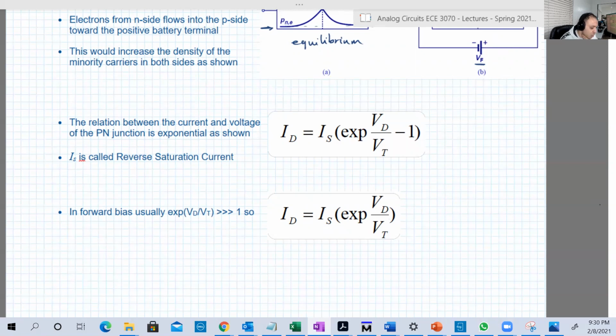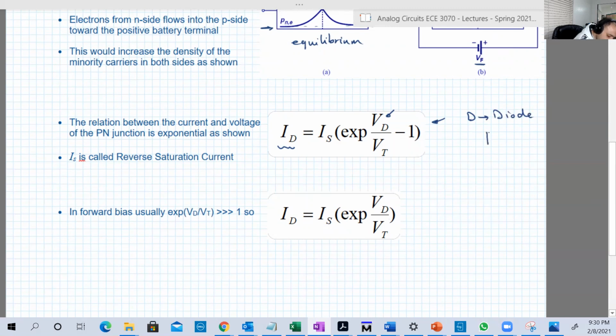This is the relation that relates the current of the PN junction to the voltage of the PN junction. And the PN junction is now officially called a diode. So D here is for diode.